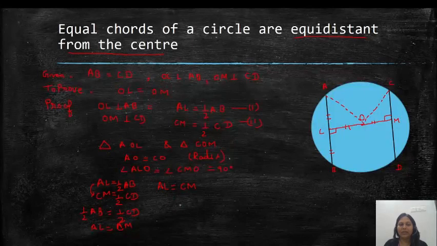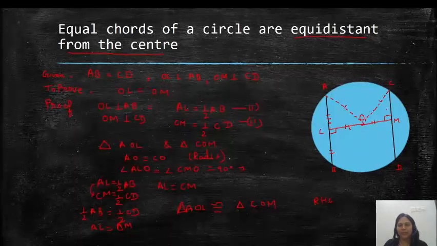Now we have proved that AL is equal to CM. That means triangle AOL is congruent to triangle COM. How? By RHS, right? Because this angle is 90 degrees, this is the hypotenuse, which are equal, and one side, these are equal.